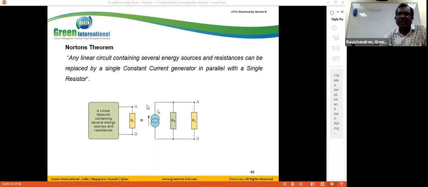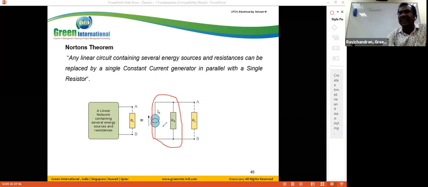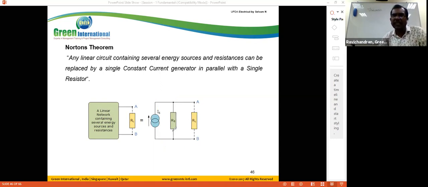That is, the complex circuit is converted into a simple circuit which consists of a current source in parallel with an internal resistance. So this complex circuit is converted to the simple circuit like this.